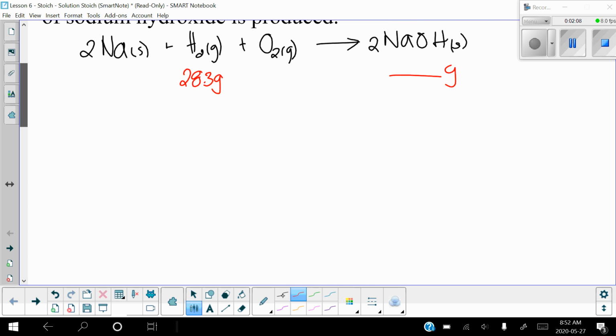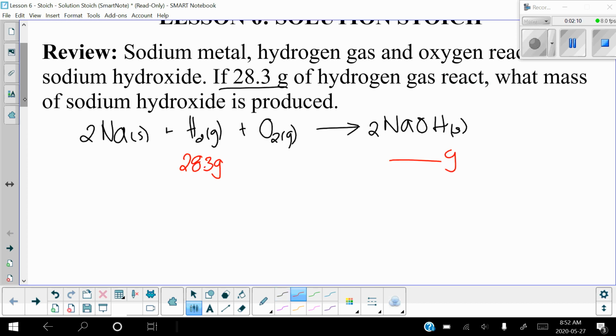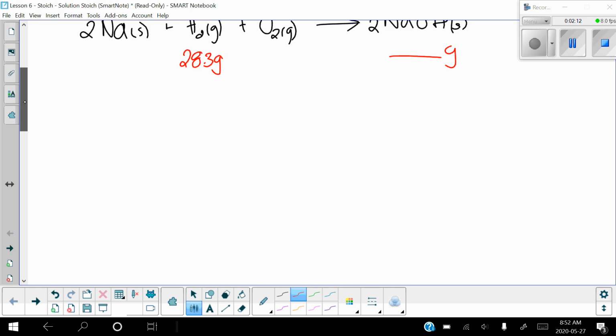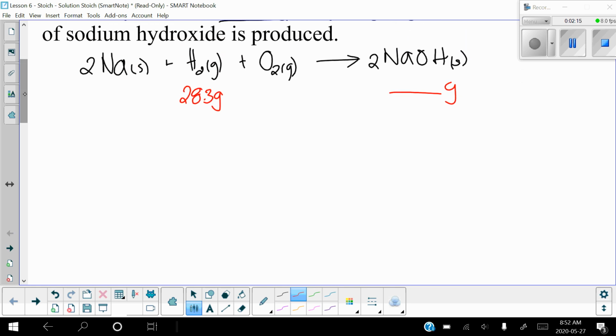The next thing we're going to do is write our stoich statement. I'm going to start with my known. 28.3 grams of hydrogen gas. Okay, if you have a mass or volume of a gas, what you first have to do is convert it into moles.